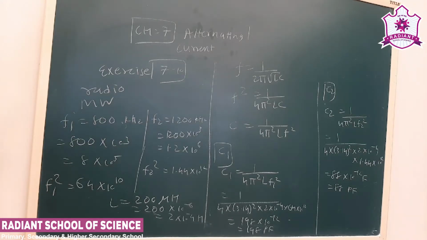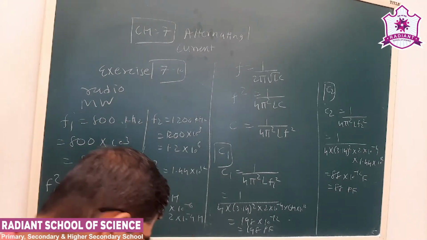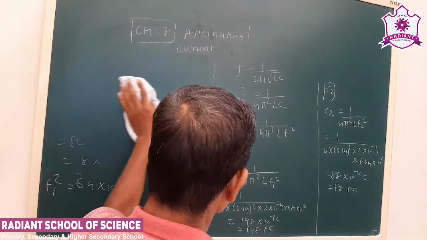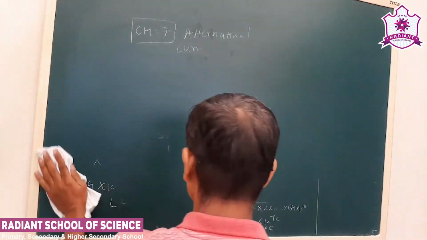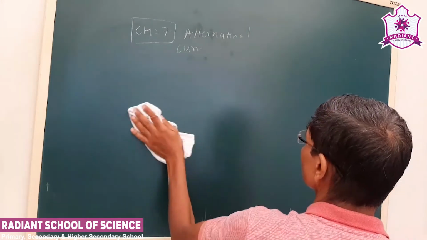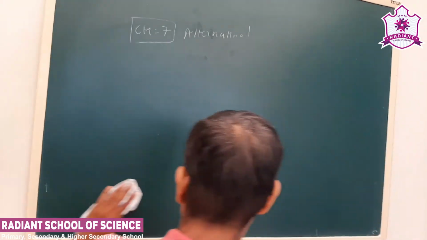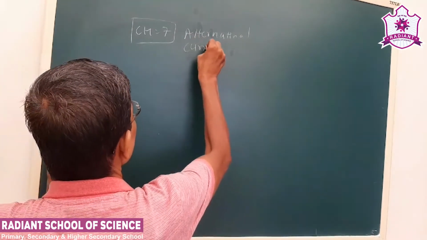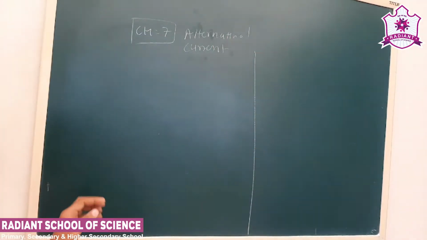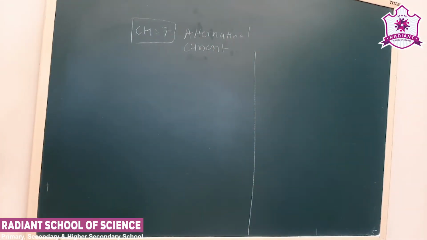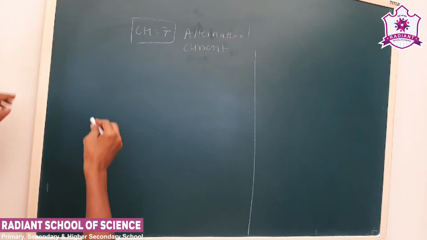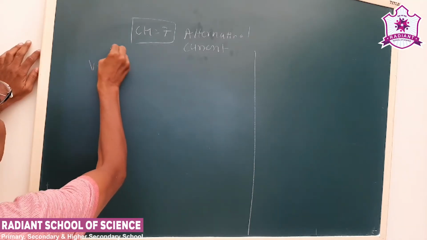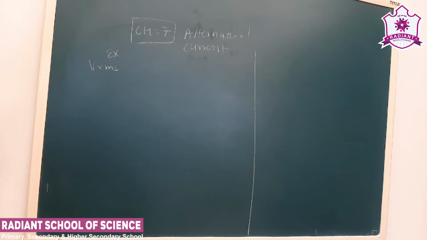Now see our next question. This is again an LCR series circuit, exercise sum number 7.11.